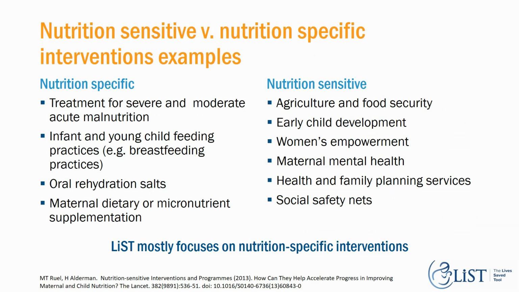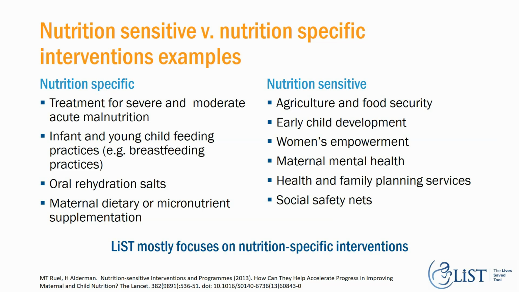So to give some examples, in terms of nutrition-specific interventions, we can look at treatment for severe and moderate acute malnutrition, infant and young child practices, for example, breastfeeding, oral rehydration salts. So really these very immediate interventions. Nutrition-sensitive interventions, like I mentioned, are bigger picture.